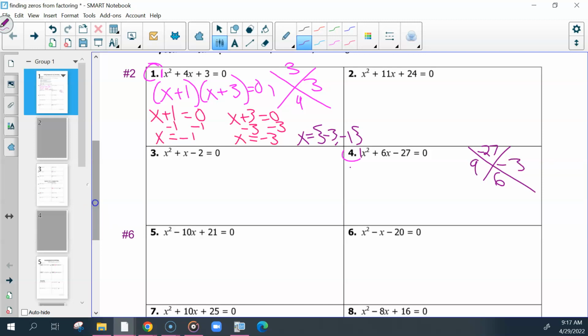So our factors would be x plus 9 and x minus 3, and then what would our solutions be? If they're always opposite, negative 9 and positive 3. And that would be our answer.